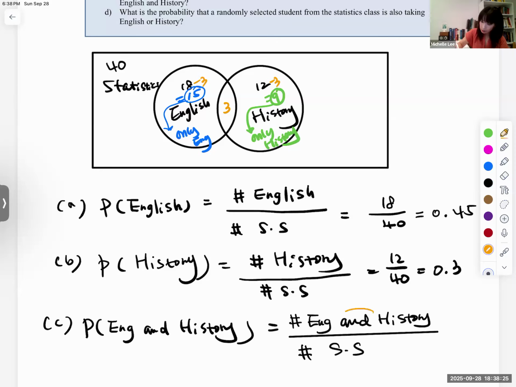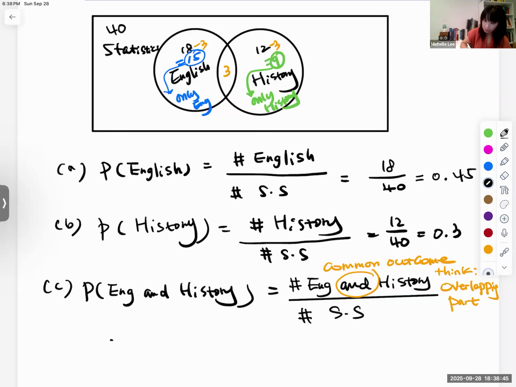So we have n here and common outcome. So think overlapping part, right? That is a 3. Make sense? Okay, 3 out of 40. Yeah. So what do you get? 0.075.